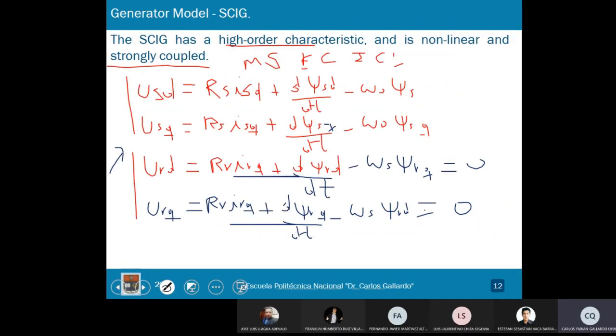So this is the dynamical model of the squirrel cage induction generator.